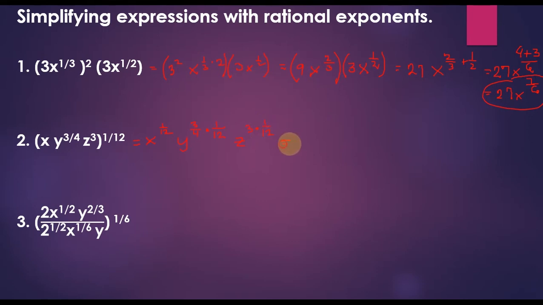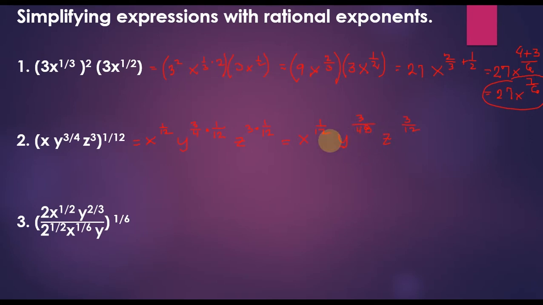Then we simplify. X raised to 1 over 12. For y, 3 times 1 is 3 over 4 times 12 is 48. Then z, 3 times 1 is 3 over 12.